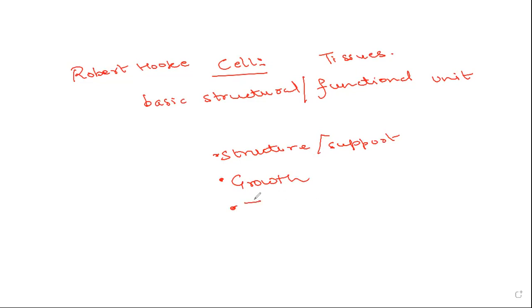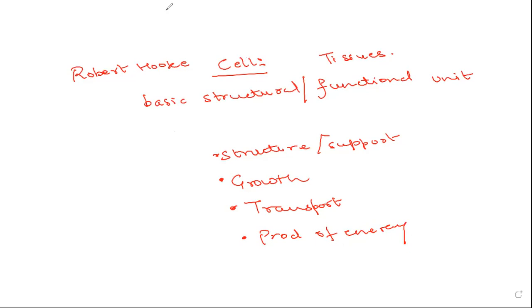It helps in transport of various finished products like proteins or other nutrients in the body of the organism. It also helps in production of energy and so on. It has many functions.